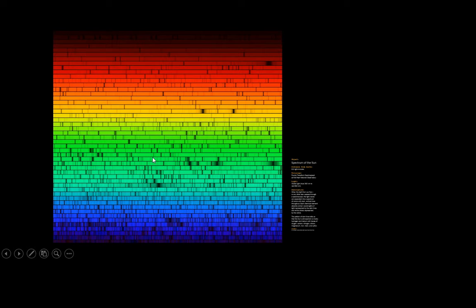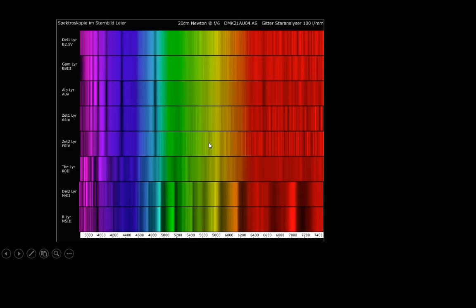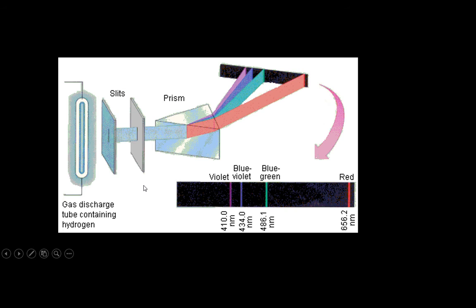If we know the signature of the element, then we can determine what elements are in it. Here are the light signatures from several different stars. You can see that there are some similarities, but also some major differences. The differences in the bands are connected to the elements and the temperature of each of those stars.